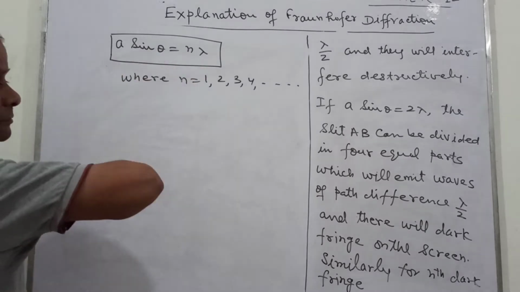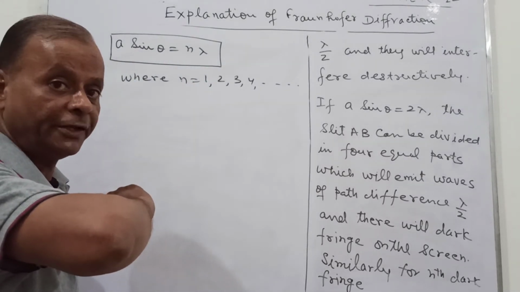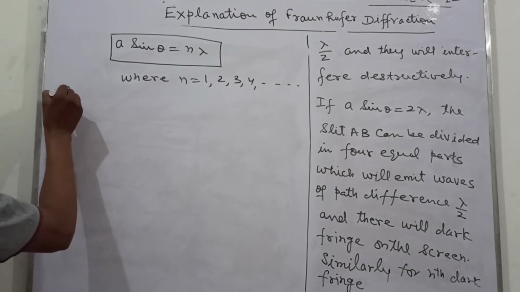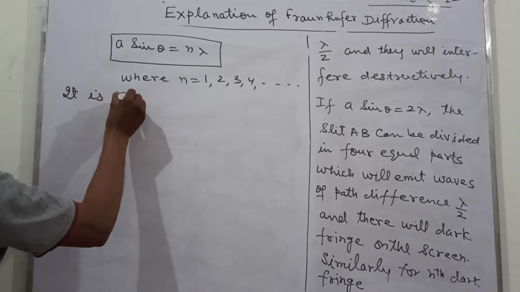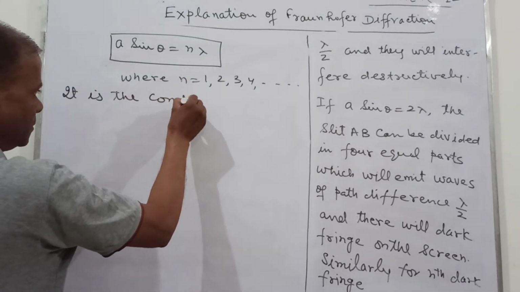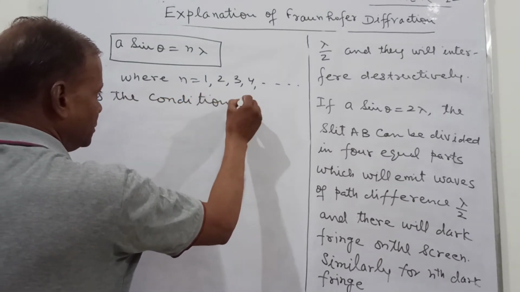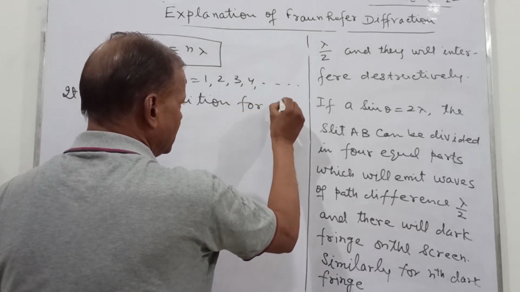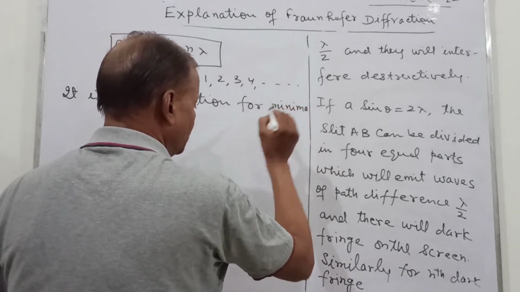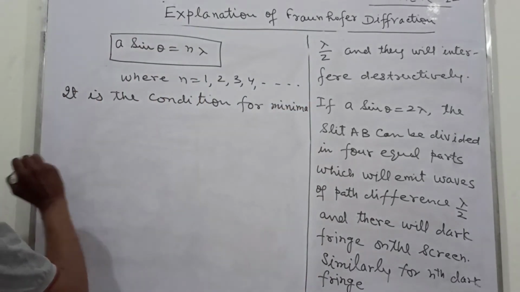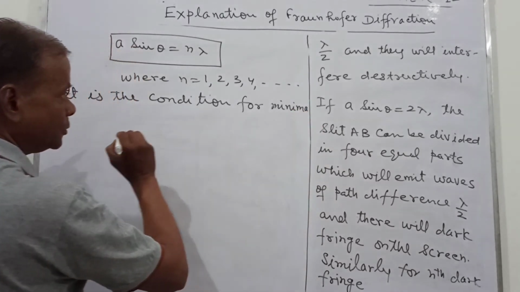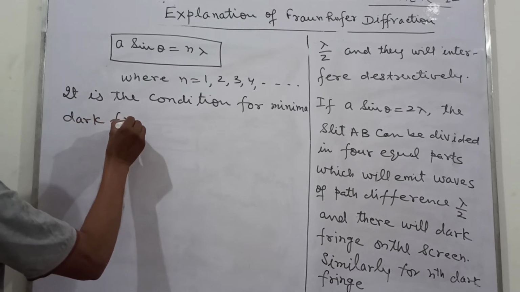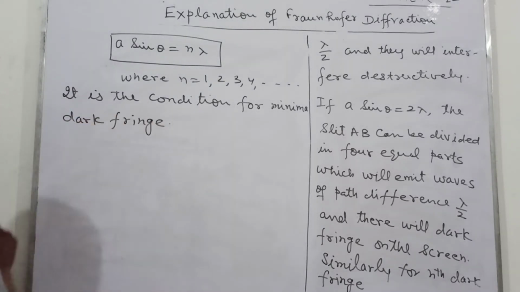So this is the condition for minimum, the minimum dark fringe.